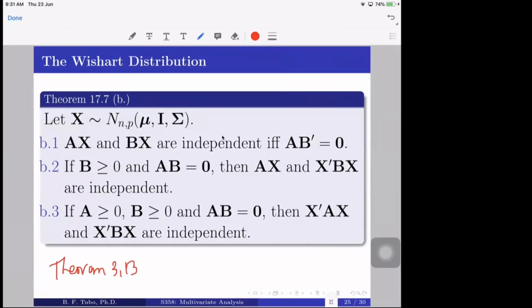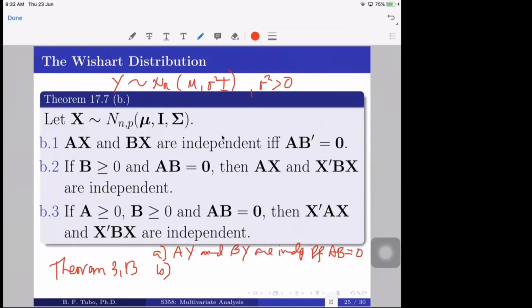So 3.13 tells you that AY, where the condition here is Y is normal mu, sigma squared I, sigma squared is positive, and you have two matrices, AB and CD, which should be conformable when we multiply it by Y. These are independent if and only if AB is 0.